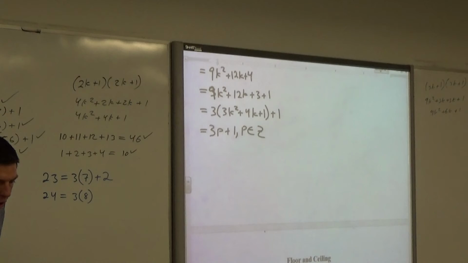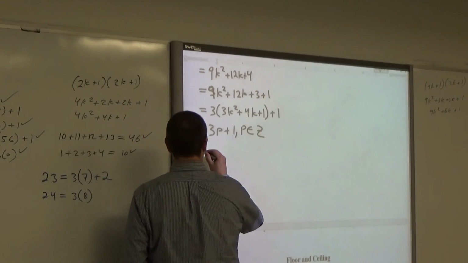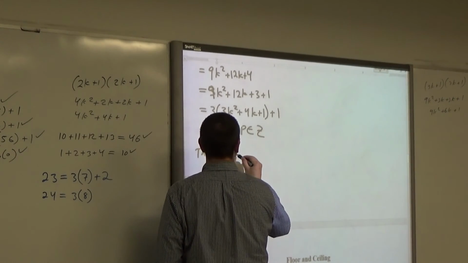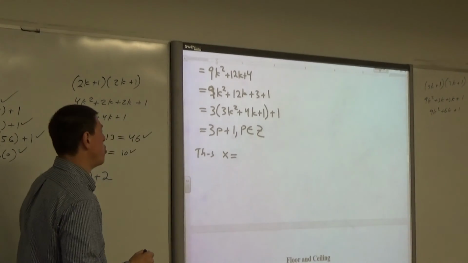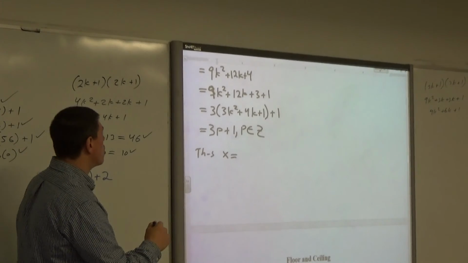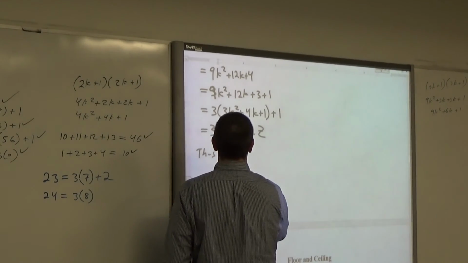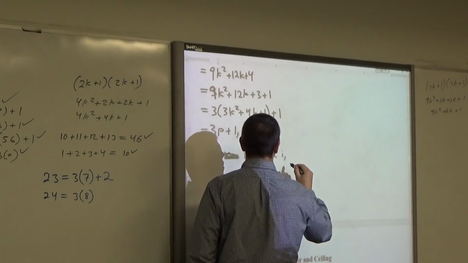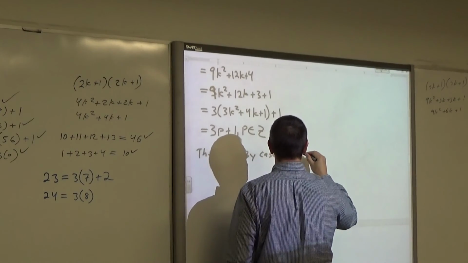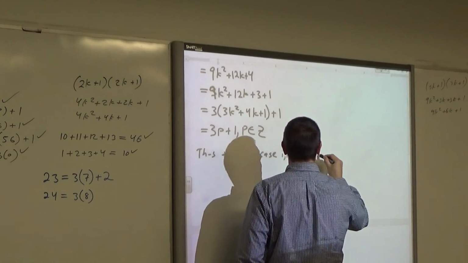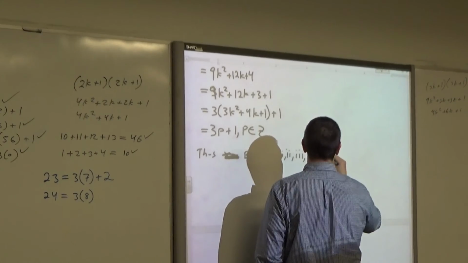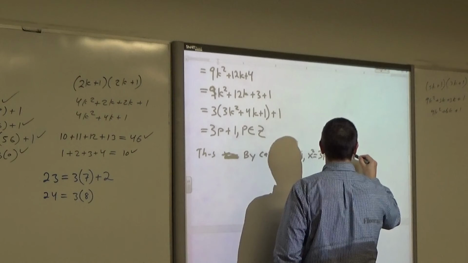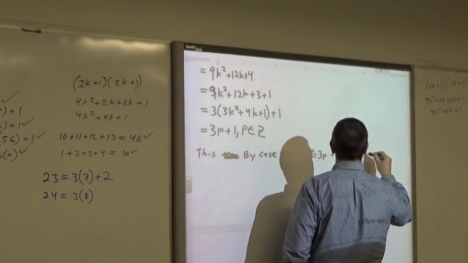Okay, so, very last line, we can say thus. Remember we defined x to be equal to dq plus r. So thus by case 1, 2, or 3, x squared is equal to 3p, or x squared is equal to 3p plus 1.